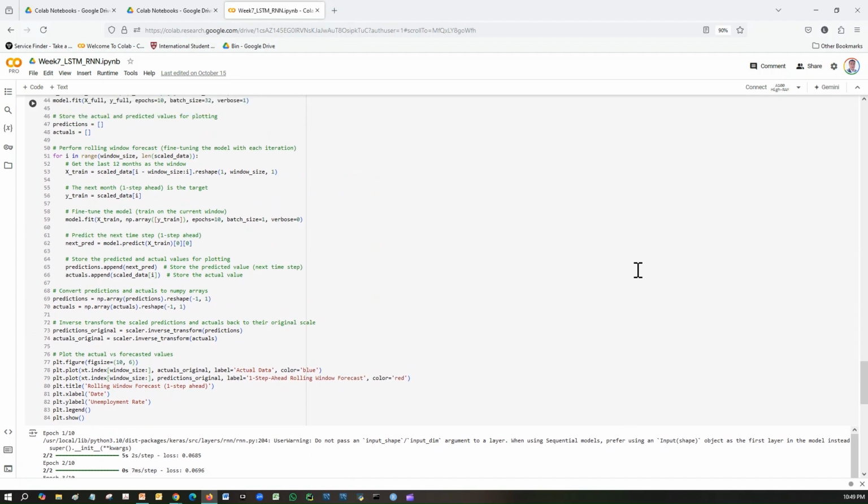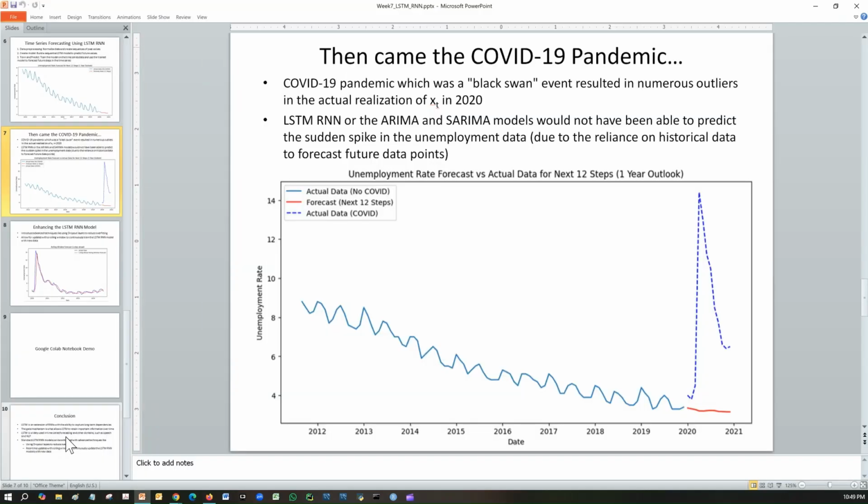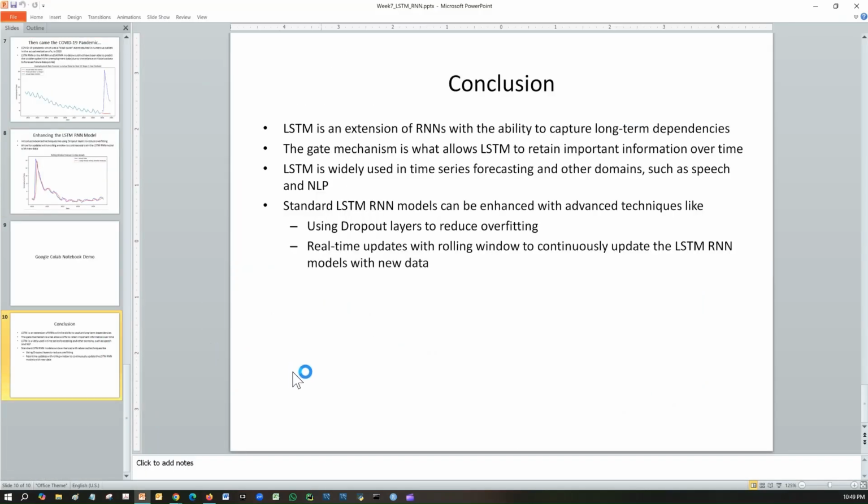Looking at the time, it's almost at the 15 minute mark. So I'll quickly jump to the last slide, which is the conclusion. In summary, four bullet points. The first one: LSTM is an extension of a regular RNN model.